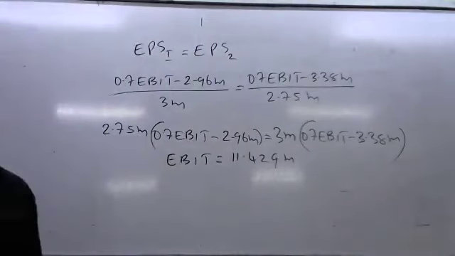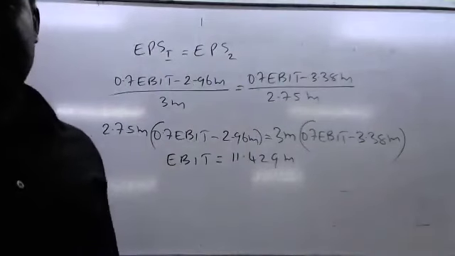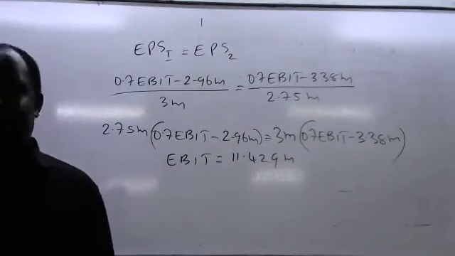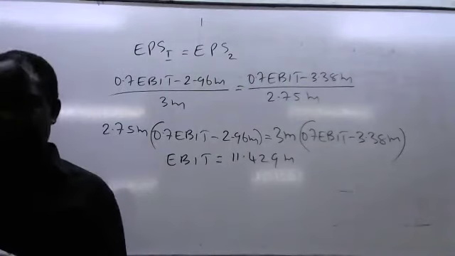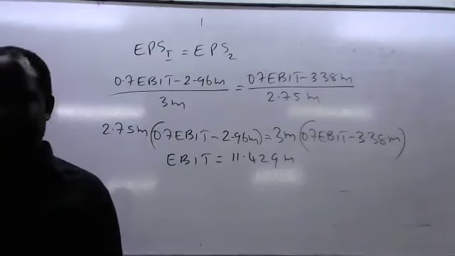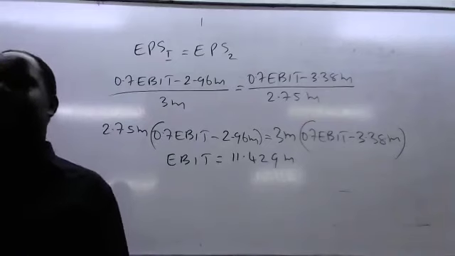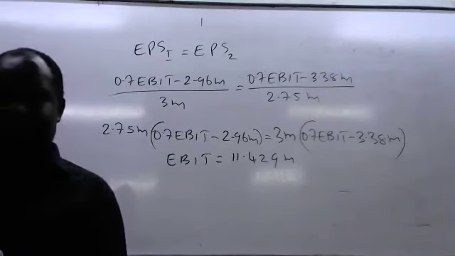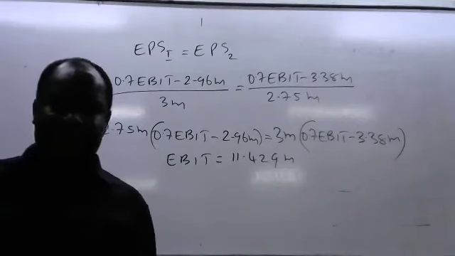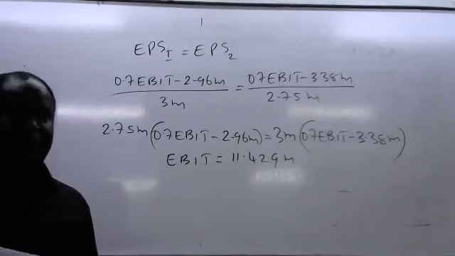So that was meant to be the Roman letter 1, where they were asking you to compute earnings before interest and tax at the point of indifference.